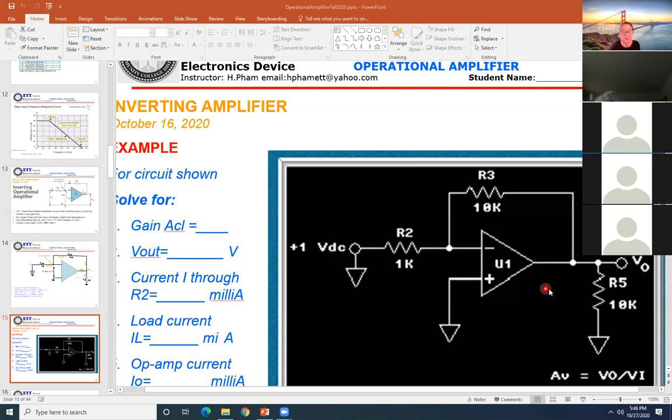To calculate the load current, you take V out divided by R5. And to calculate the current I, we already know I. You take the 1 volt divided by 1K. That's what's in the example here.